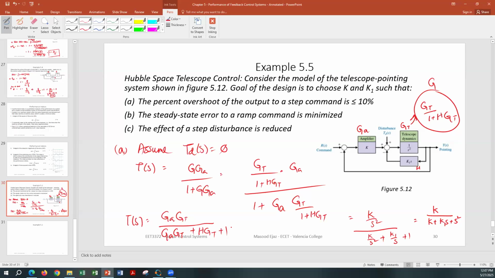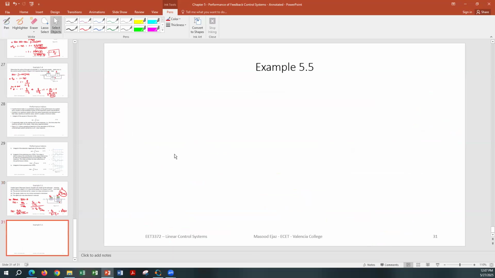Now we have to excite the system with a step command for the first one, and we have to calculate the value of K and K1 such that your peak overshoot is less than 10%. Okay, let's see.